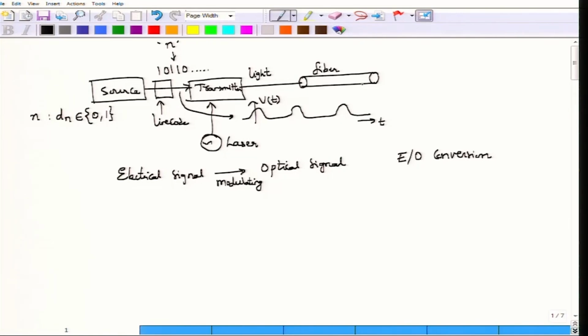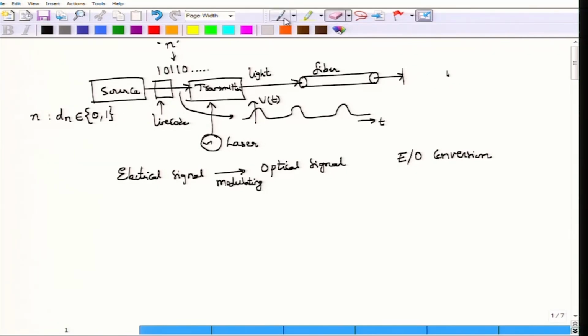The fiber will carry light which is incident at its input, at one end of the fiber. It will carry these light waves from one point to another point at which you locate your receiver. So, this is the transmitter block and this is the receiver block. Depending on what modulation you have performed, you have to demodulate. Actually, you have to first detect and then demodulate.